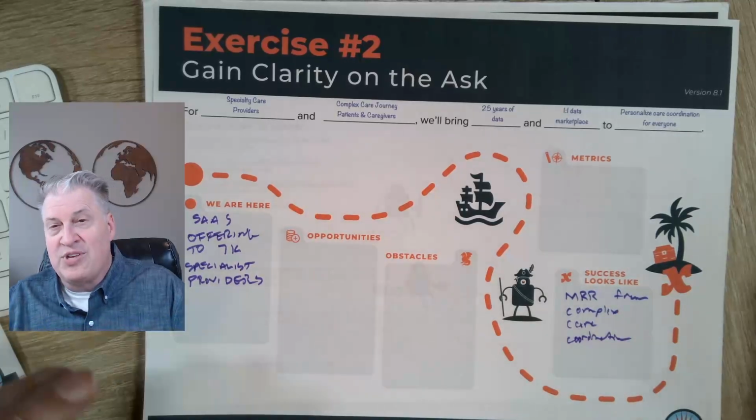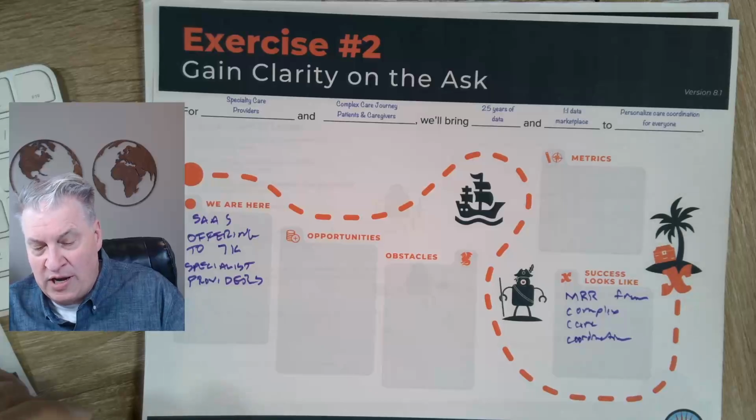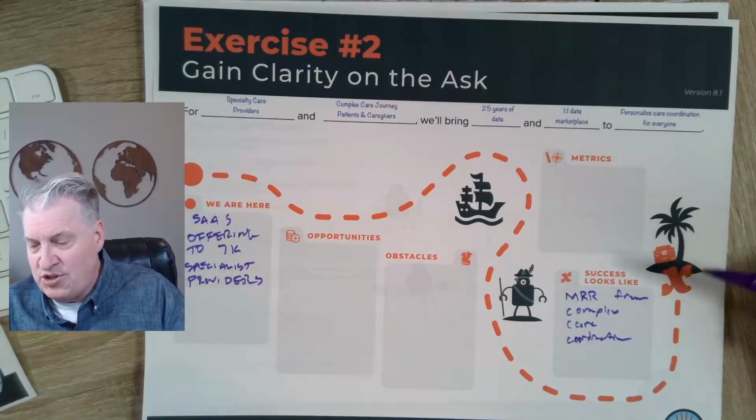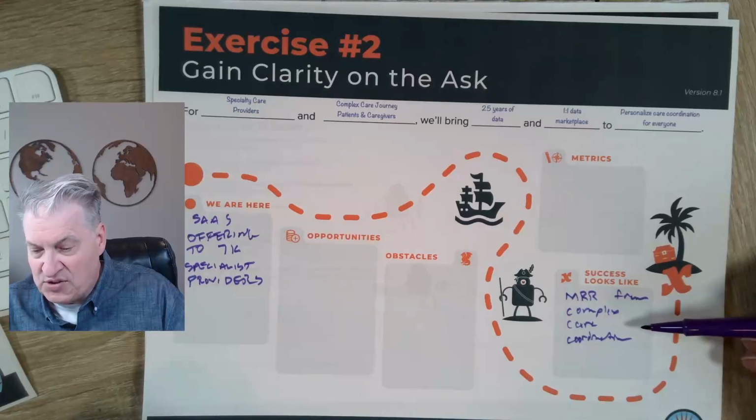So what they want to do is they want to really get away from just having it be based on the provider to thinking about what's the recurring revenue opportunity from serving complex care coordination.